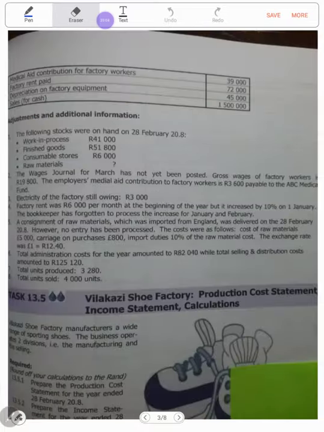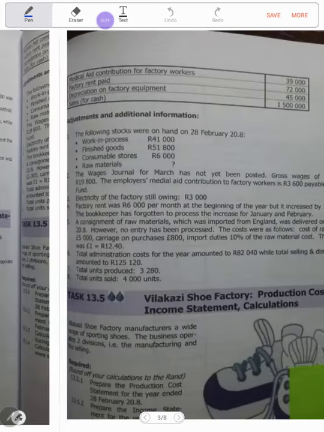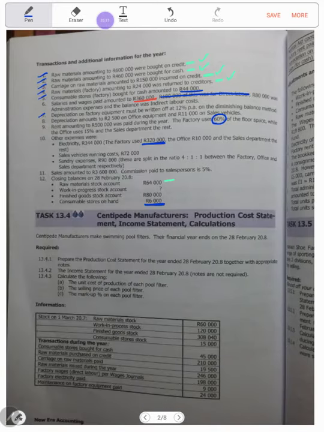So how are we going to do this? I'm taking the ratio of 4:1:1, and I'm going to add it up to get my denominator. 4 plus 1 plus 1 equals 6. What is the total amount of the sundry expenses?